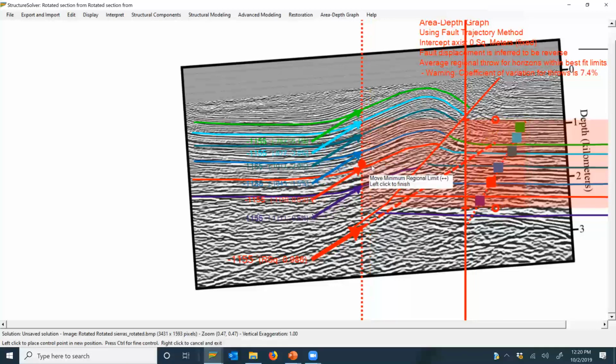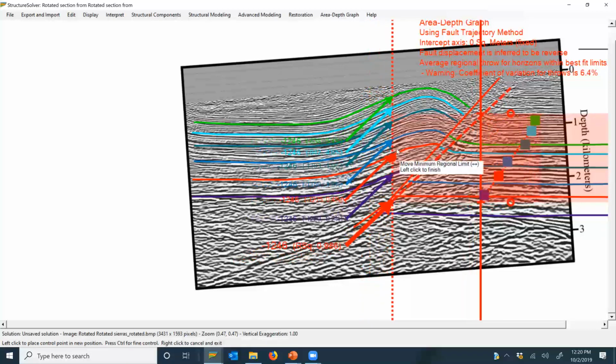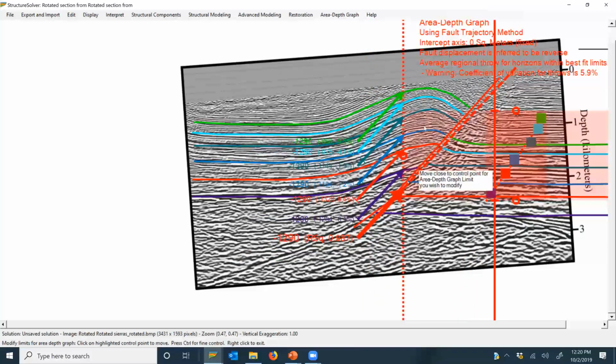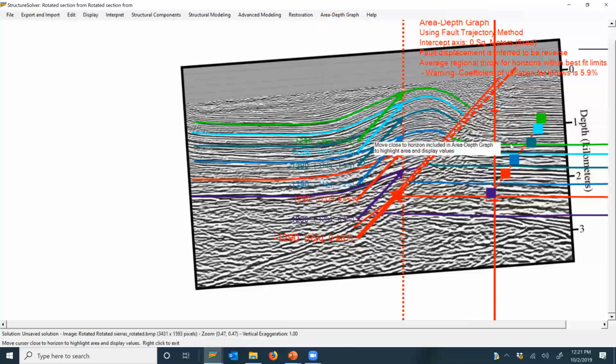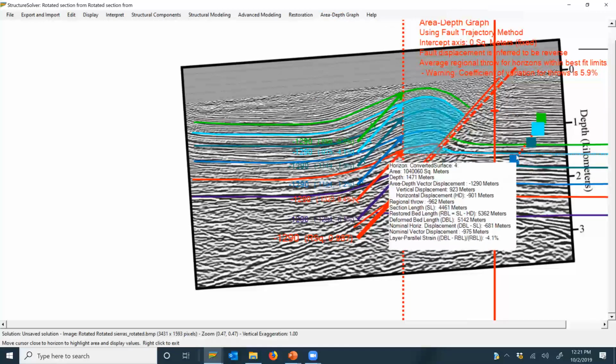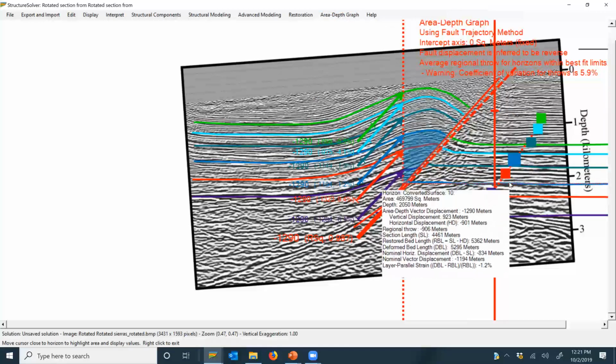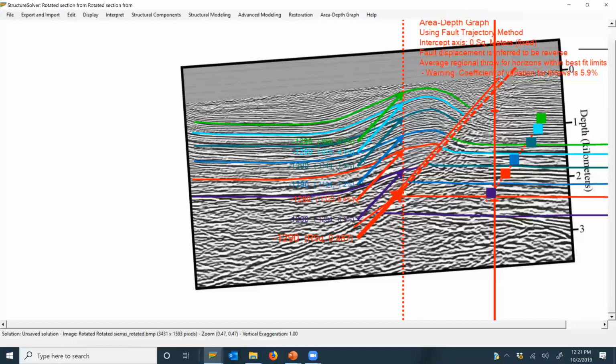And so what you'll see is that as we come up the fold and look at a different part of the fold geometry, so we'll display these fold areas, we're measuring a different part of the fold at a different amount of throw, the computed detachment location changes as we change those analysis limits, and you notice that it actually follows that change in the fault.